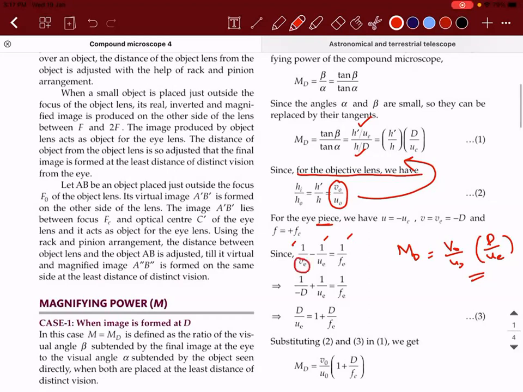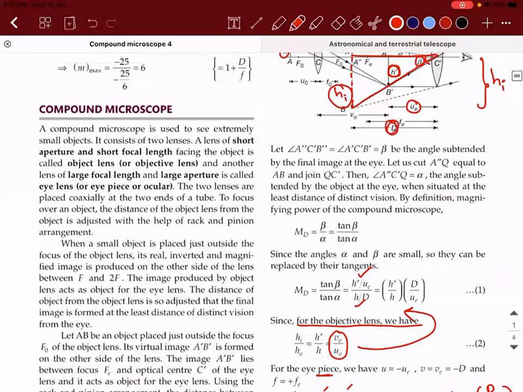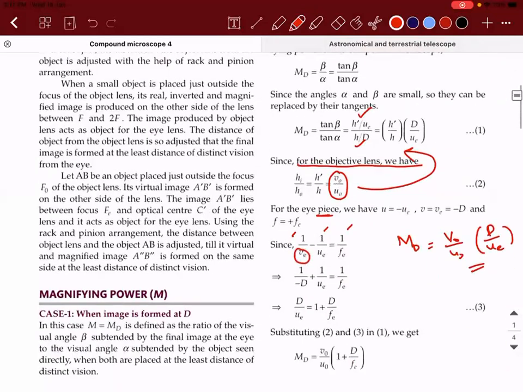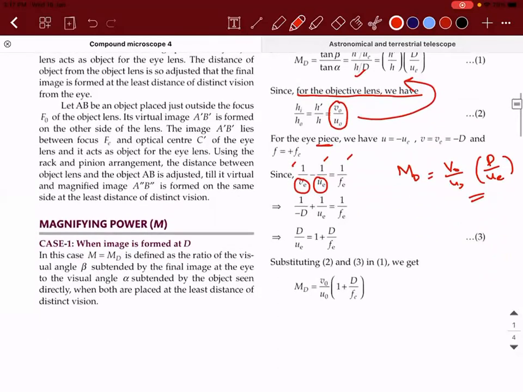So VE is how much? It is minus D. U is how much? It is minus UE only. So minus of minus will become plus. And the focal length of the eyepiece is positive because it's a convex lens. So minus 1 by D plus 1 by UE is equal to 1 by FE.